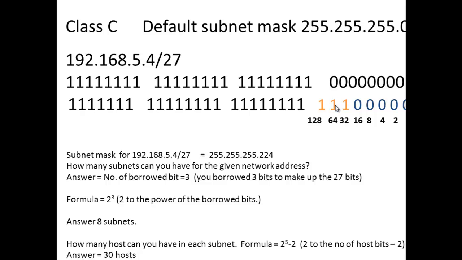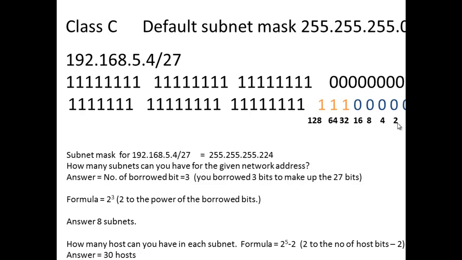But when we borrowed 3 bits, we changed 3 of the zeros to ones. So this binary number now is 11100000. All you have to do is find out the decimal number for this binary number.